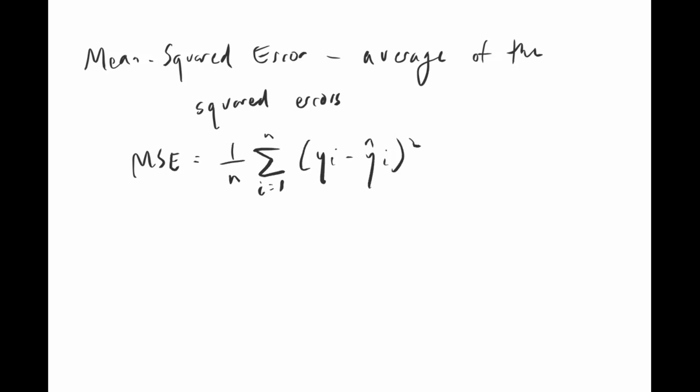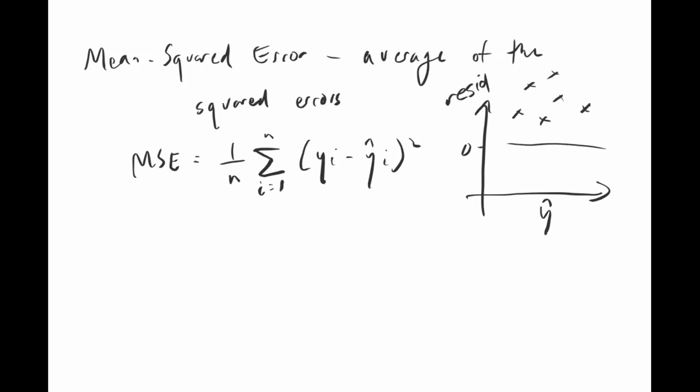So what is the mean squared error qualitatively? It's essentially the average size of your errors, right? In my residual plot, the farther away my residuals are from 0, the larger my mean squared error is.